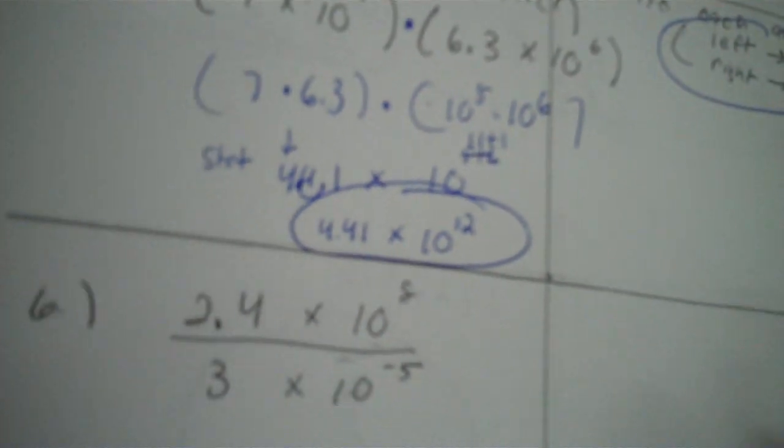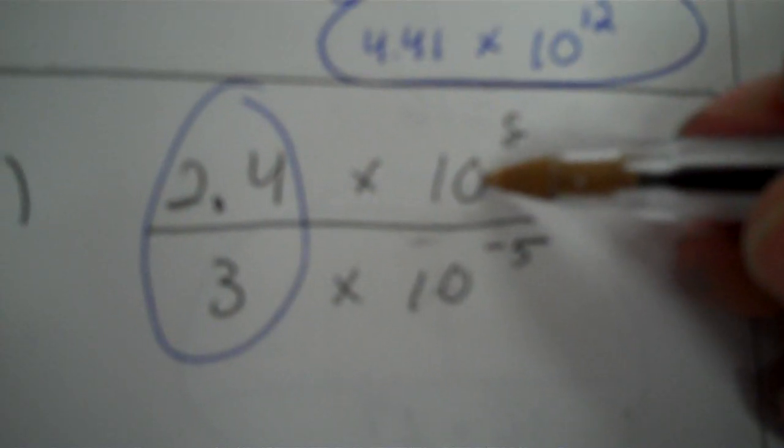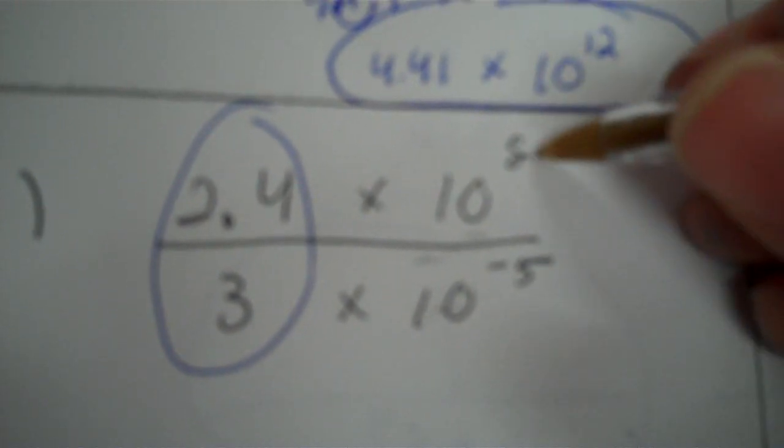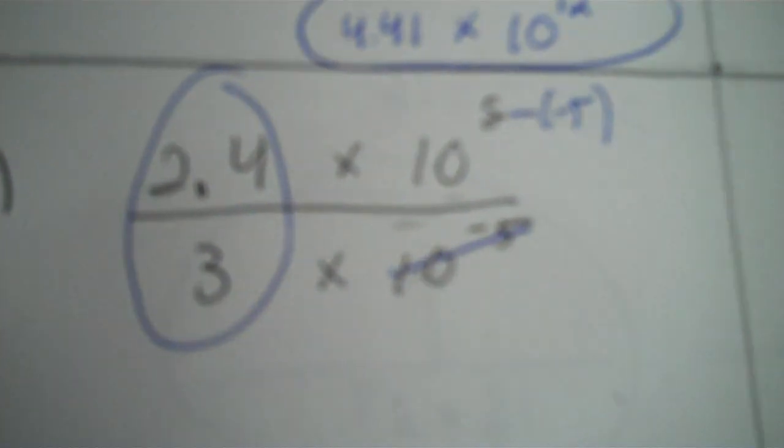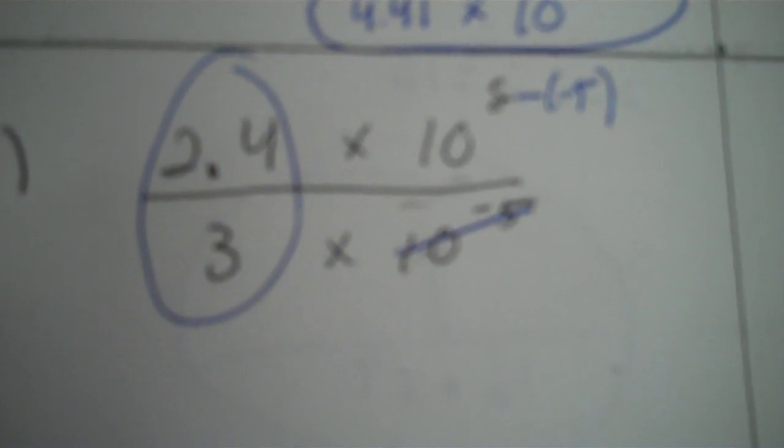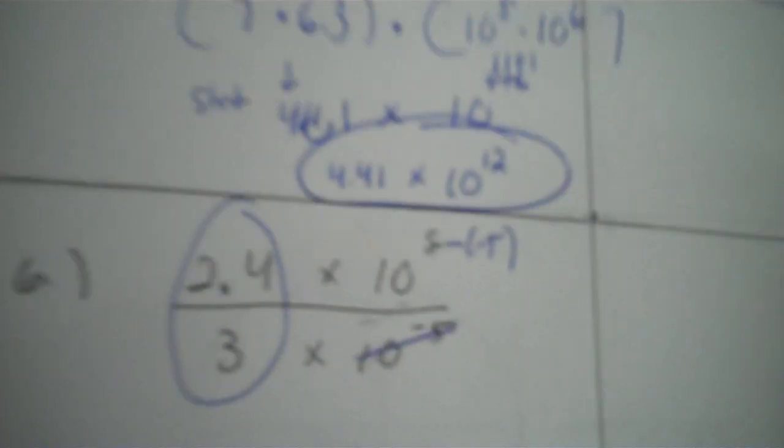Okay. Now division's very similar. Okay. Division, we divide these. Okay. So 2.4 divided by 3 is 0.8 times. Now to divide the base 10s, again, you subtract that negative 5. And 8 minus negative 5 is the same as 8 plus plus 5, which is 13.